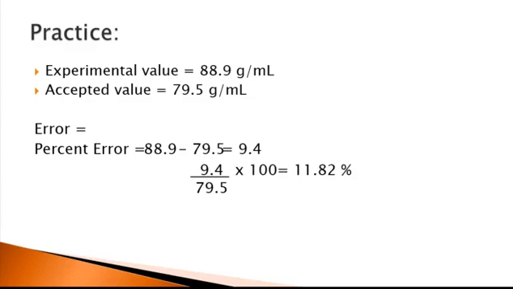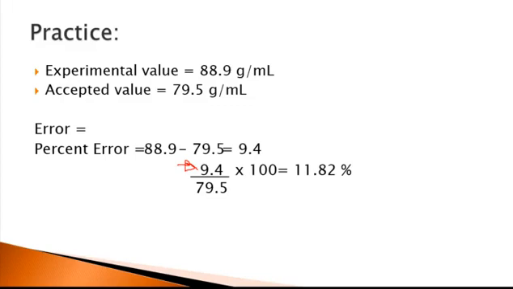That's 11.82%. So it is your error, the difference between the two, the actual minus the experimental, divided by the accepted value times 100. That's about 12% error. That's 88% right. So not too bad still.